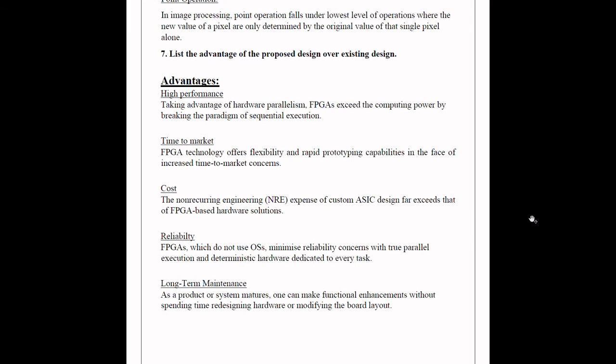Reliability. FPGAs, which do not use operating systems, minimize reliability concerns with true parallel execution and deterministic hardware dedicated to every task. Long-term maintenance. As a product or system matures, one can make functional enhancements without spending time redesigning hardware or modifying the board layout.